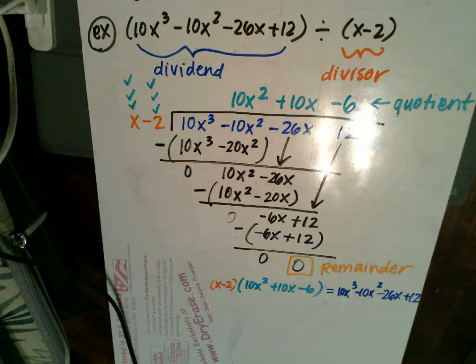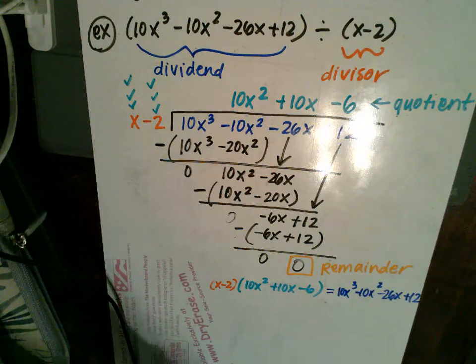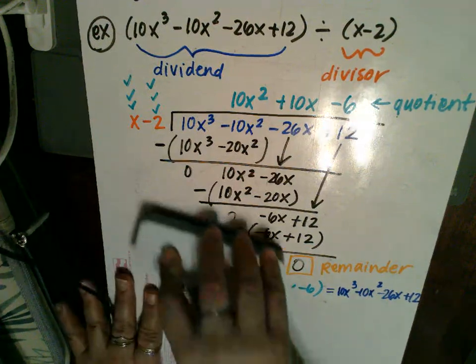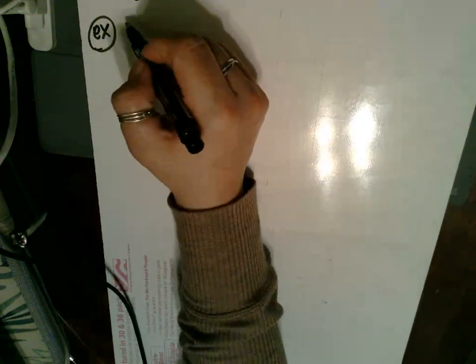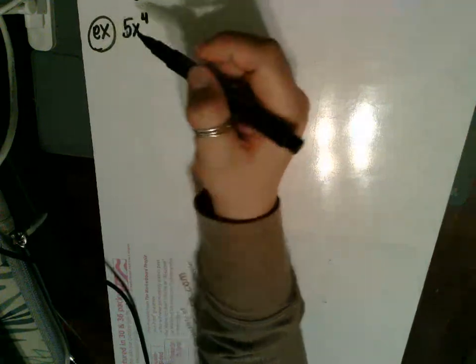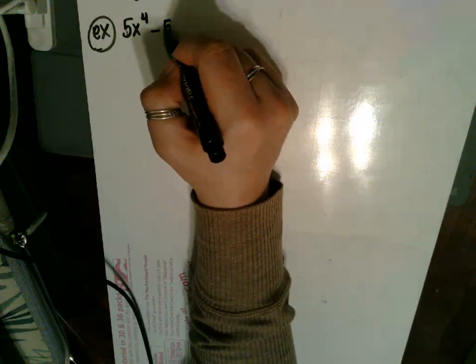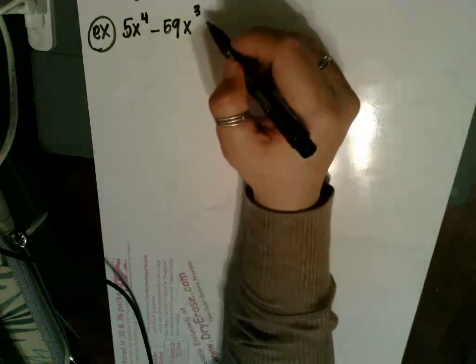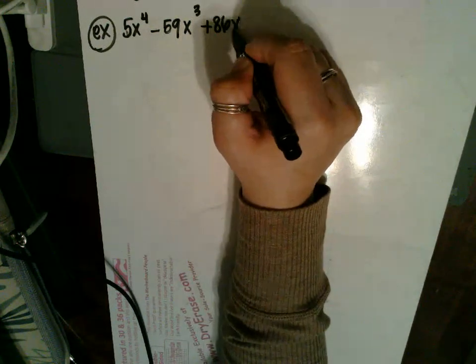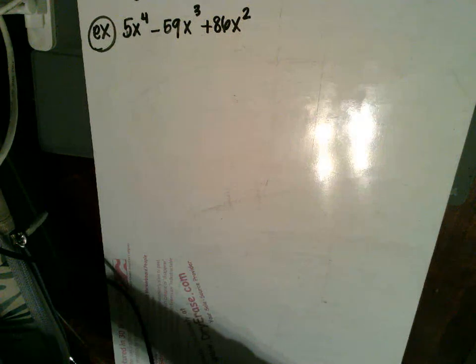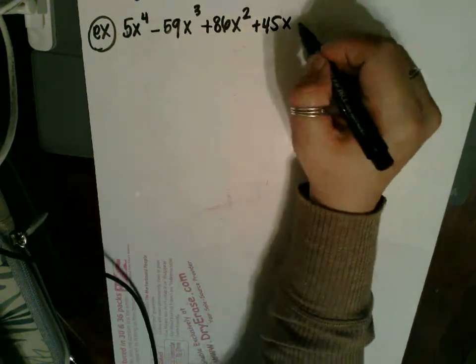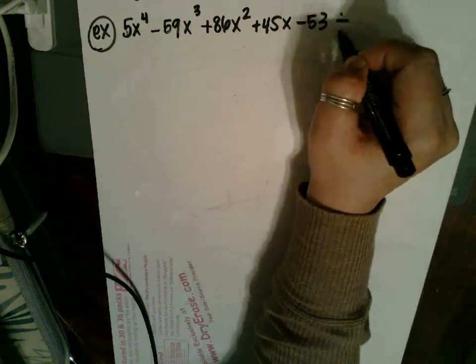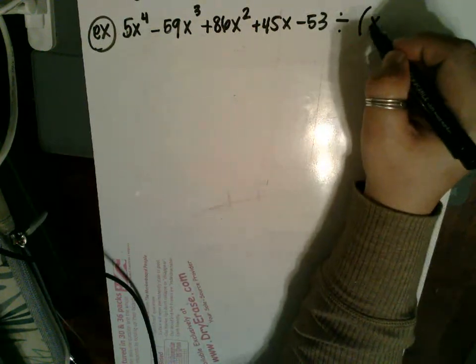So the next example that we're going to do is the following. We are going to take 5x to the fourth minus 59x to the third plus 86x squared plus 45x minus 53, and we're going to divide this by x minus 10.